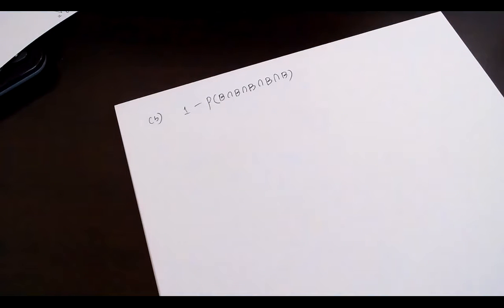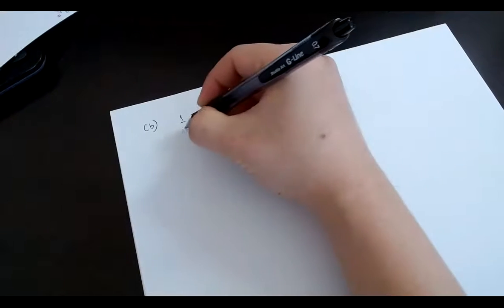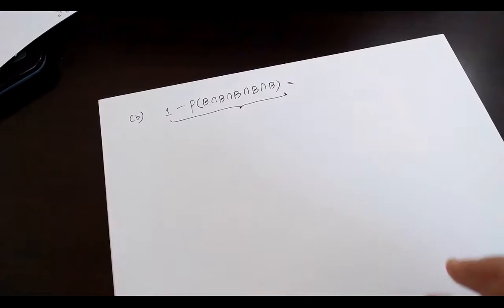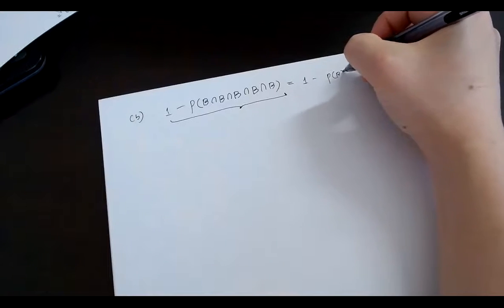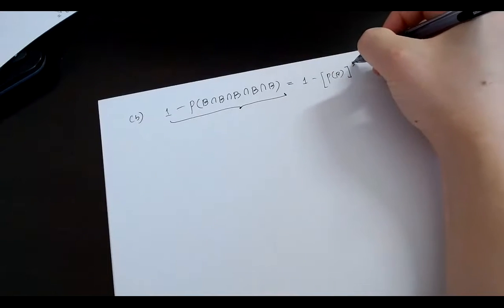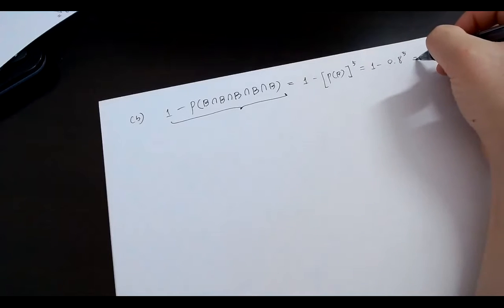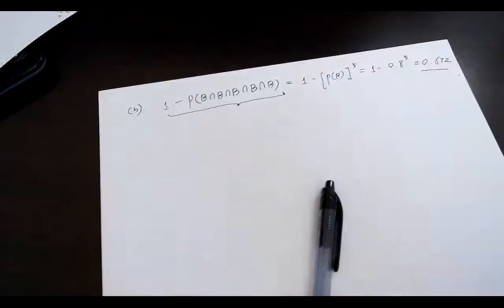That means the probability that at least one order in the next 5 receives the discount. So this is 1 minus the probability of B to the fifth power, which is 1 minus 0.8 to the fifth power, so this is going to be 0.672.